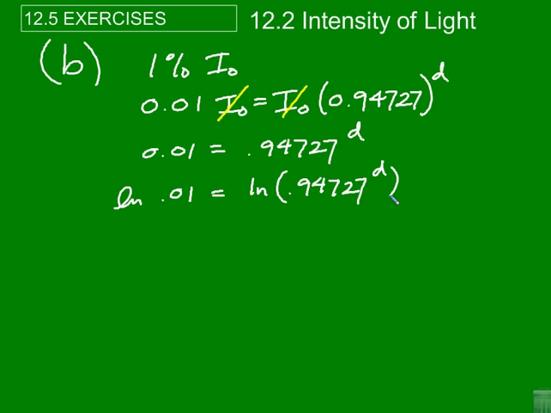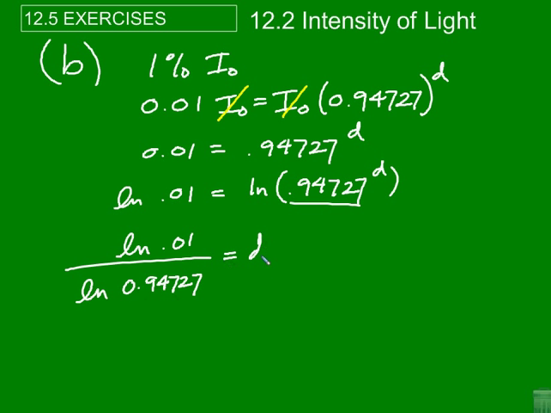Well, the natural log of 0.94727 to the d is just going to be d times the natural log of that number. So if I divide that over here, then I end up with a d value of 85 meters.